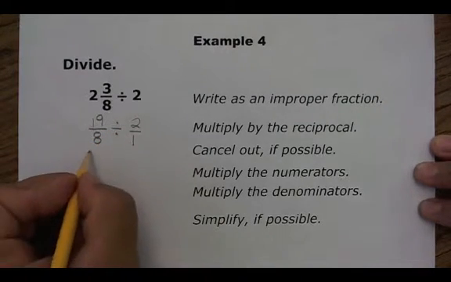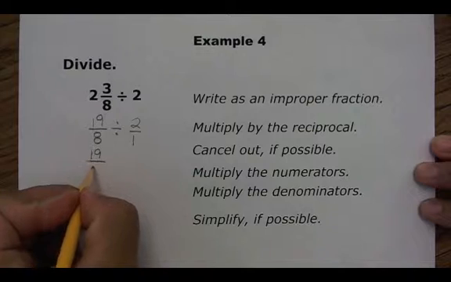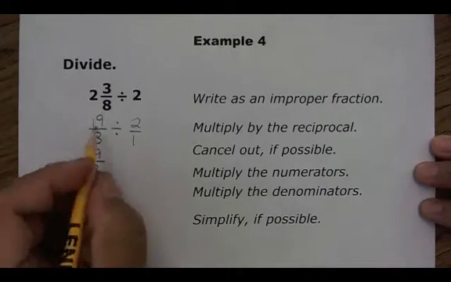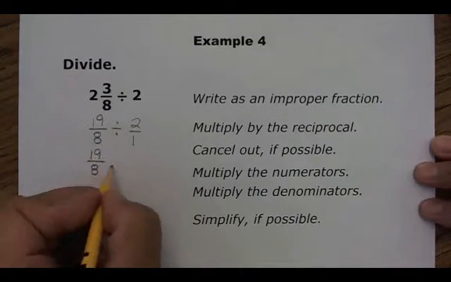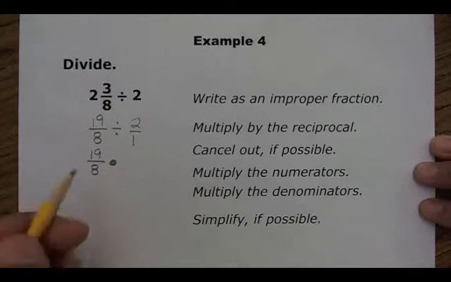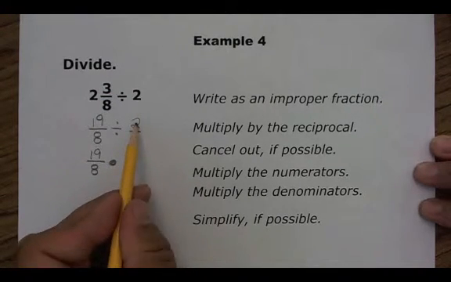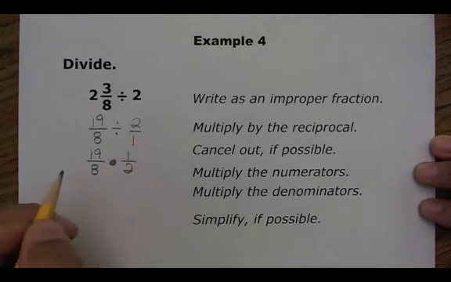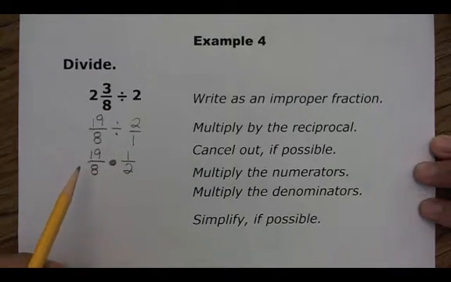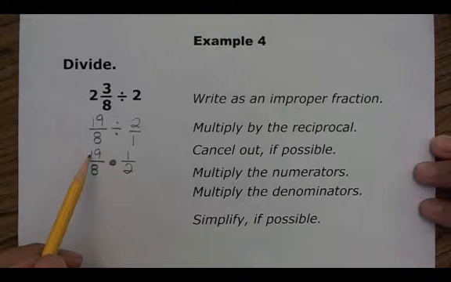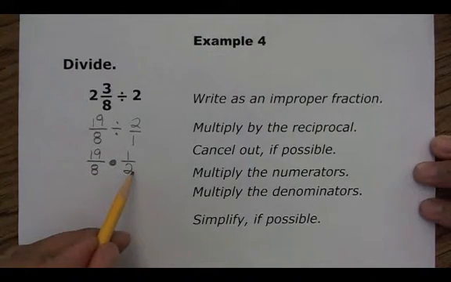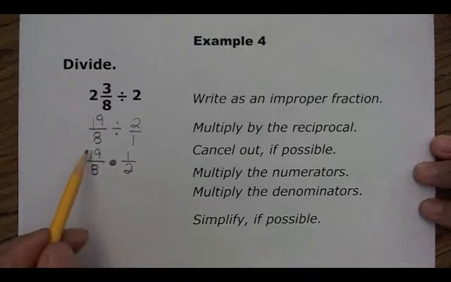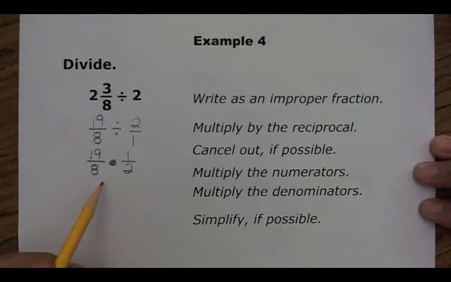In order to do that, I keep the first fraction, 19 over 8, and I have to switch the division sign to multiplication, and then I have to do the reciprocal of 2 over 1, which now is 1 over 2. So now I have a multiplication problem where I just multiply the numerators, 19 times 1 and the denominators, 8 times 2. I could check to see if anything cancels out, but I notice nothing does.